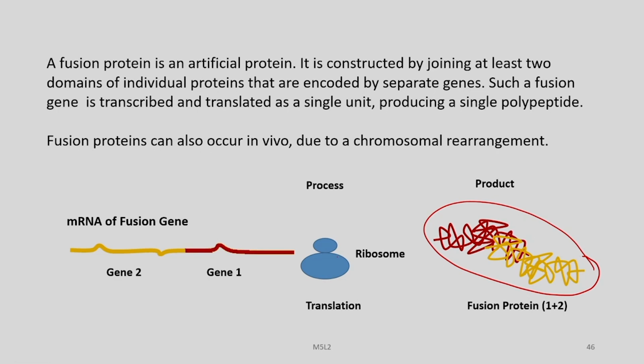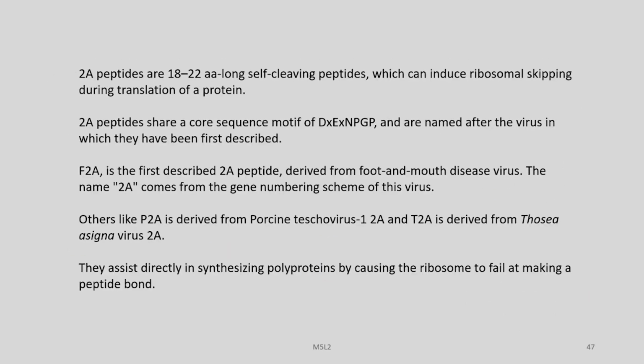The fusion protein product, you can see, is 1 plus 2. The two domains continue to carry out the independent functions which were there in the native protein.